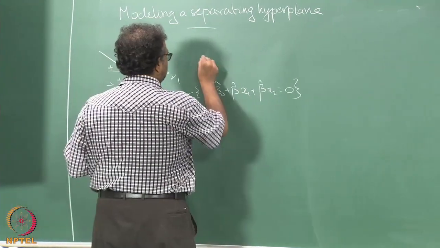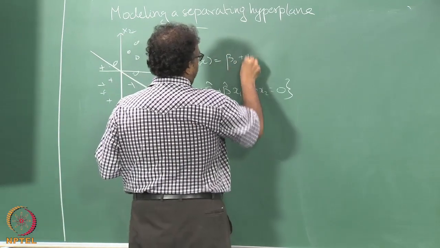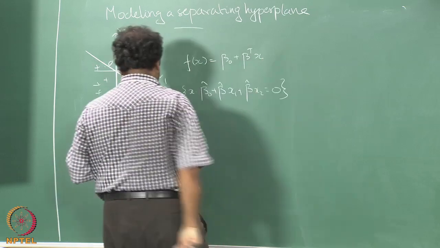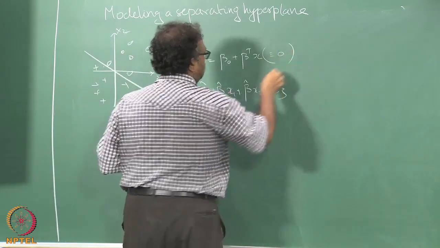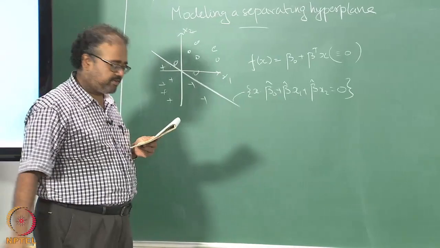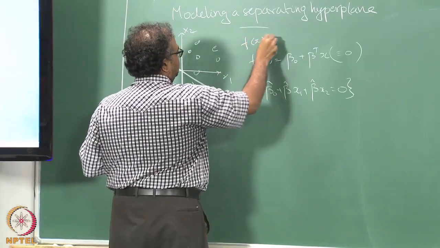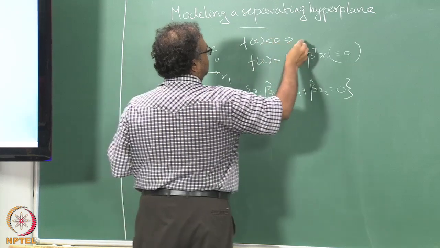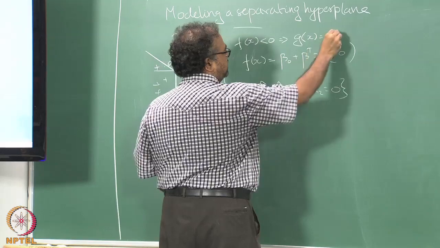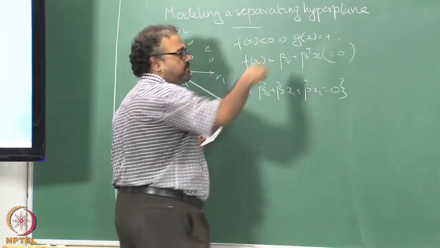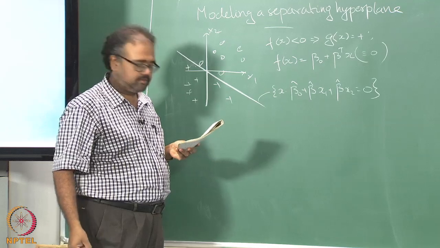So I am going to call f of x equal to this expression. That defines our hyperplane. If we equate f of x to 0, that defines our hyperplane, and if f of x is greater than 0, it implies in this case g of x is 0.